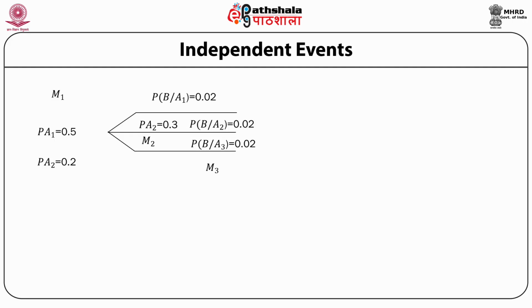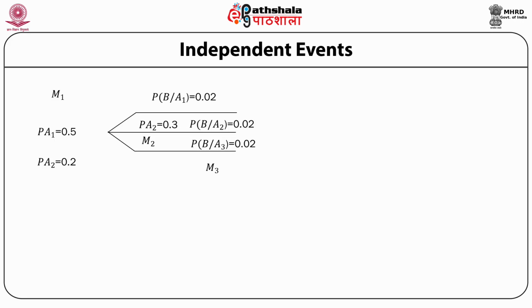Multiply 0.5 by 0.02, that is probability of A1 multiplied by probability of B given A1. Both are multiplied. Probability of A2 is given, probability of B given A2 is given. Both will be multiplied. Probability of A3 and probability of B given A3 will also be multiplied.